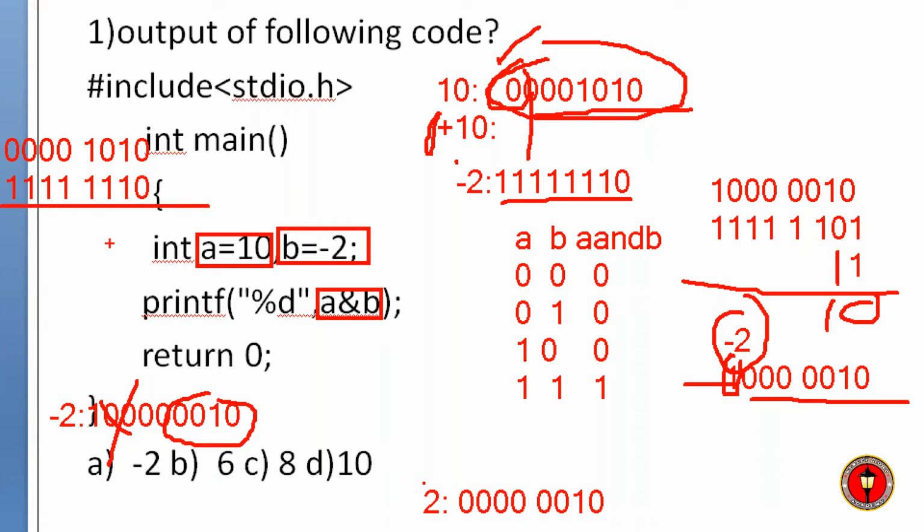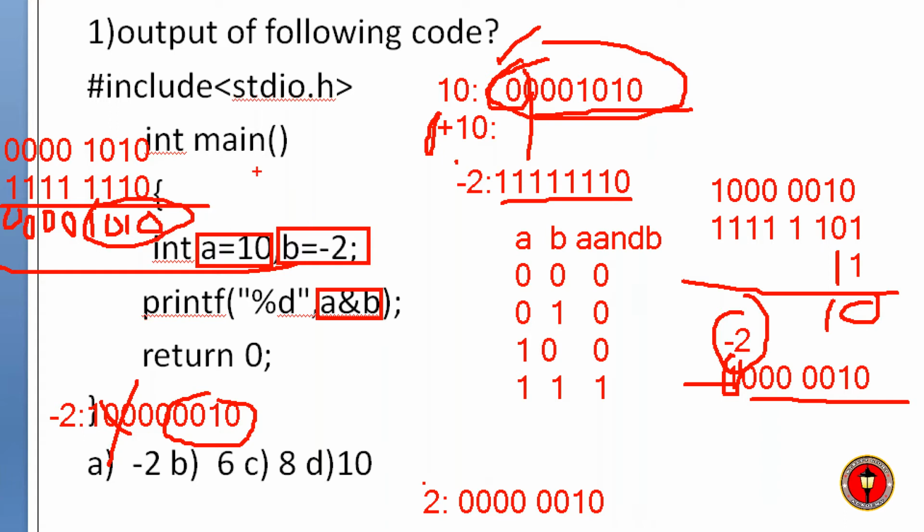Now apply the AND operation. 0 and 1 is 0, 0 and 1 is 0, 0 and 1 is 0, 0 and 1 is 0, 1 and 1 is 1, 0 and 1 is 0, 1 and 1 is 1, 0 and 0 is 0. So finally, the answer is 1010.